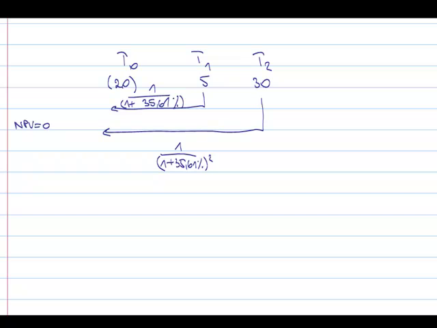Alright, now what happens here? We got our 5,000 in year 1, we got it. For mathematical purposes, we discounted it using the rate of 35.61.